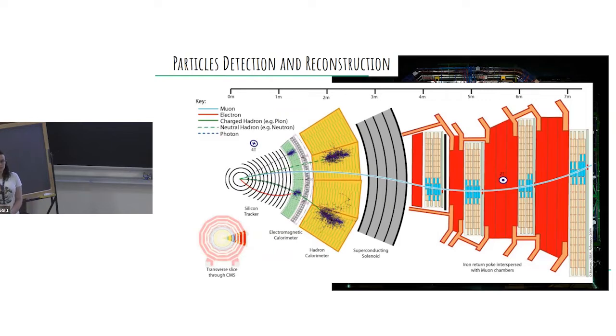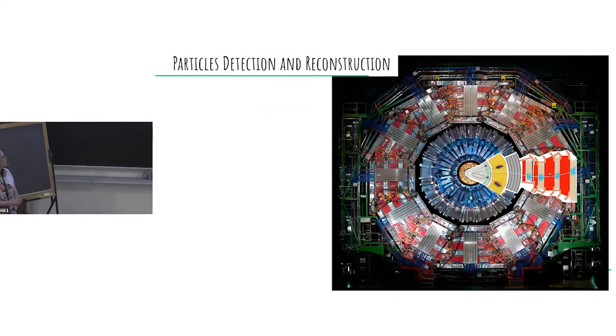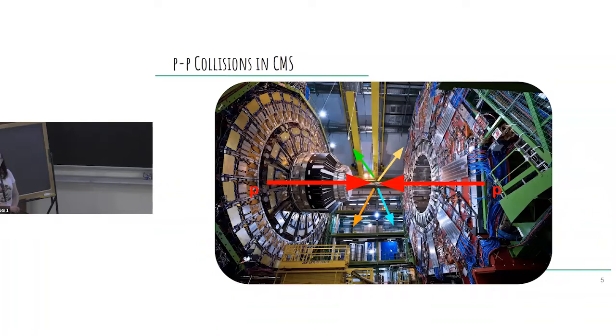Yes. So the protons are not entering the CMS detector, basically. The protons are circulating in the beam pipe, which is basically the axis around which the CMS detector is built.